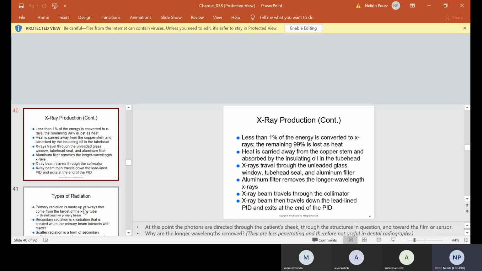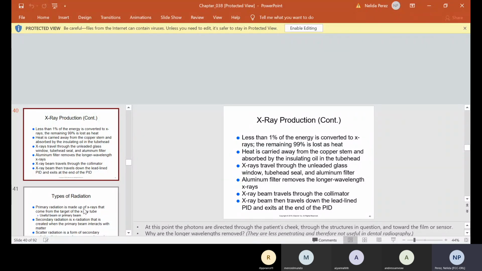Outside, background, there's so much radiation everywhere else. And the reason we tell you this is because you're going to hear it every single day. Patients will complain about the radiation that they're being exposed to, and you need to have good answers, and that's why we go over this.